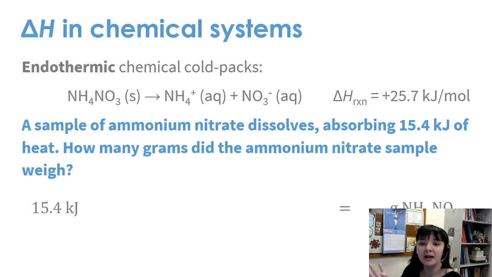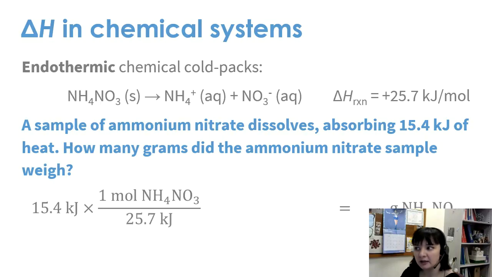It's very generic. That could be per mole of ammonium nitrate, per mole of ammonium ion, per mole of nitrate ion, a whole bunch of different options there. Because my answer should be in grams of ammonium nitrate, I should probably link that first to the moles of ammonium nitrate. And so I can do that like so.